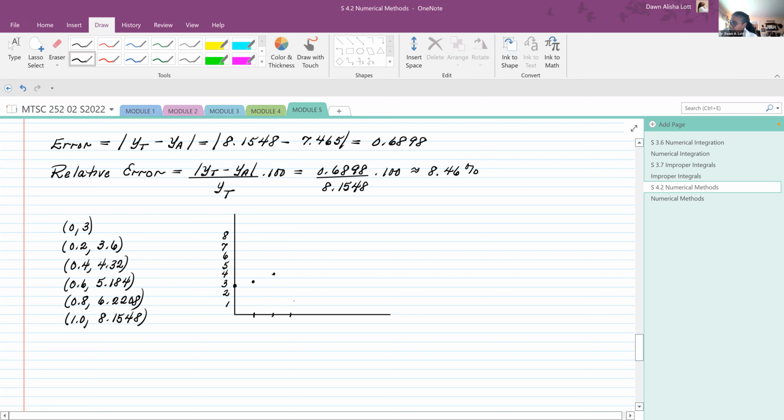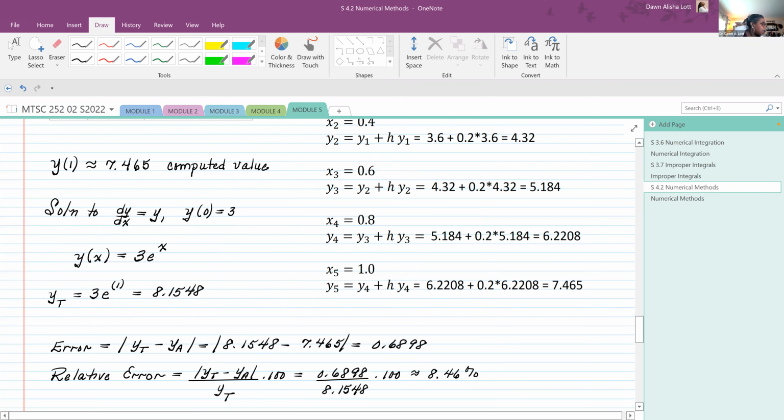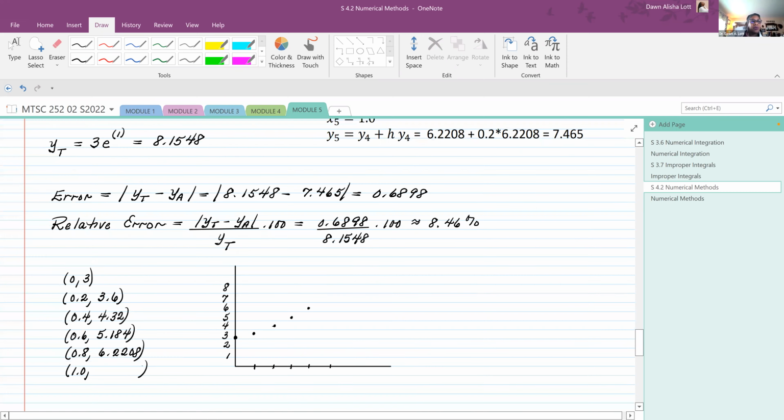Then at 0.6, we're at 5.18. And at 0.8, we are at 6.2 here. And then at 1, we're at, oh, that's wrong. This is not the value we got. That's the true answer. The value we got was 7.465.